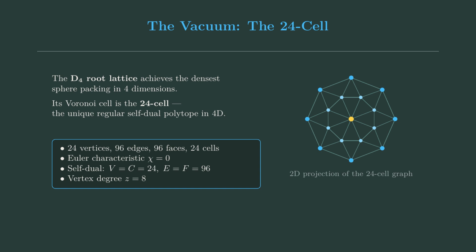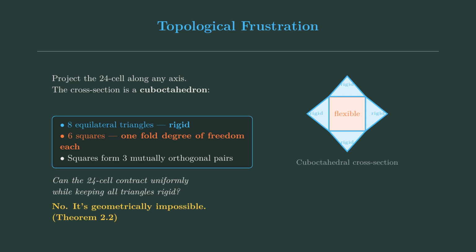And the 24-cell is remarkable. It is the unique regular, self-dual polytope in 4 dimensions. No other regular polytope in any dimension has this self-duality property. It has 24 vertices, 96 edges, 96 triangular faces, and 24 octahedral cells. Its Euler characteristic is 0.